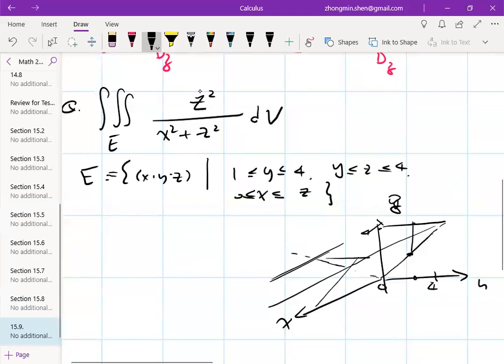So this is going to be the picture, I'm pretty sure. If you draw the graph, maybe you are able to even change the order of the iterated integrals. But that is a picture, roughly.